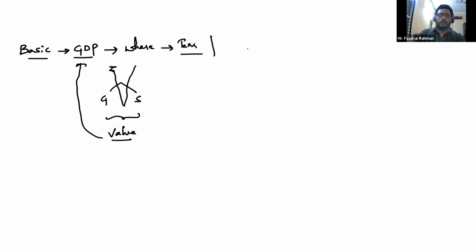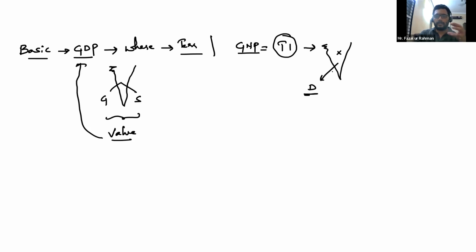And when we consider GNP, which is gross national product, this is the total income of our country. That means, how do you consider the total income? Income which is produced by the domestic people who reside in India, they produce goods.